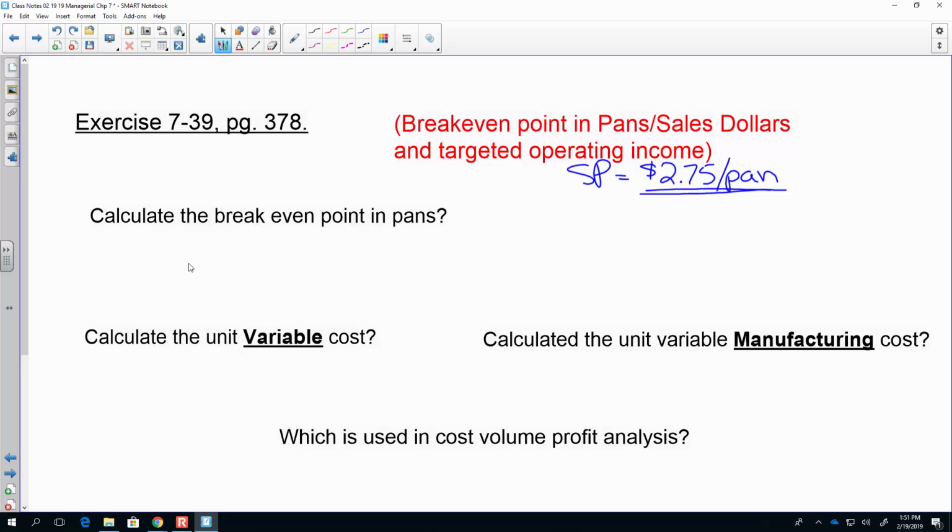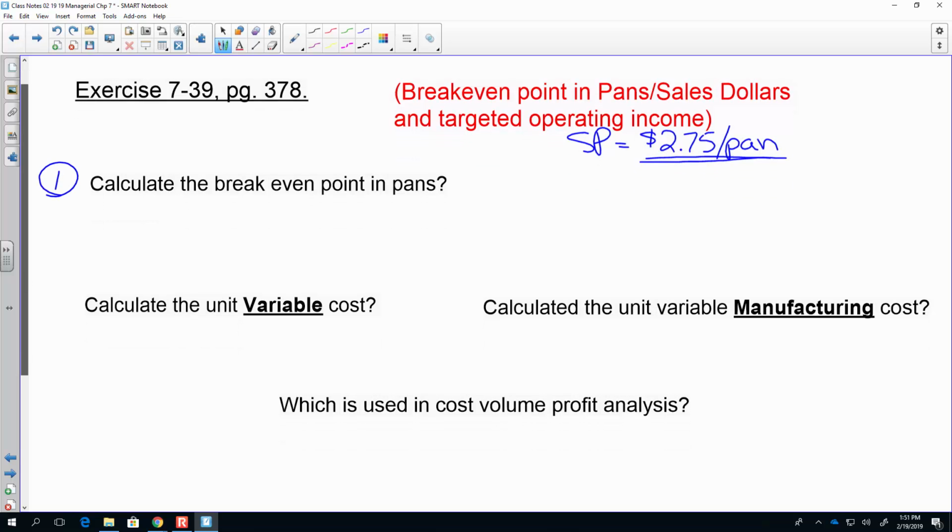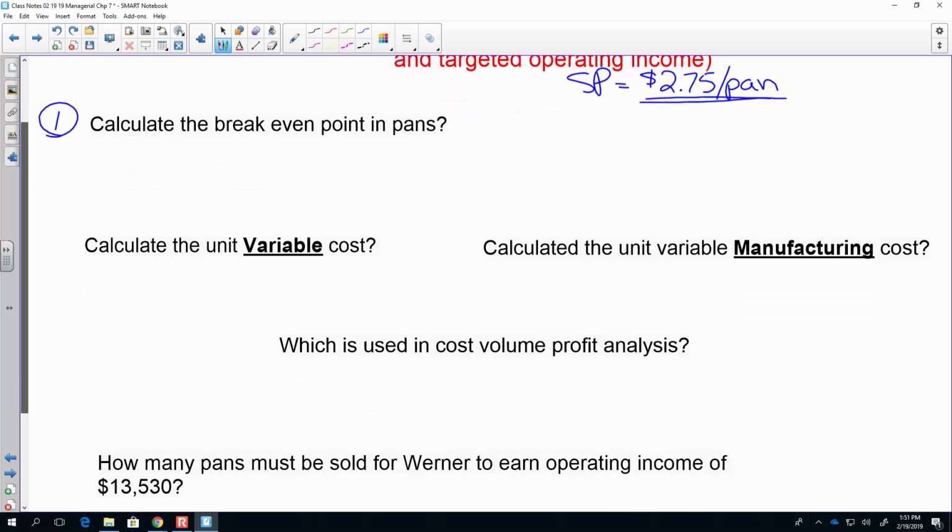Before I do that though, before we answer question 1 here, break-even point, I want to go to question 2 here because I want to discuss the difference between variable cost and variable manufacturing cost. Variable costs mean all costs, both manufacturing and overhead. You might be asked that on one of your problems or in CNOW or maybe on a test.